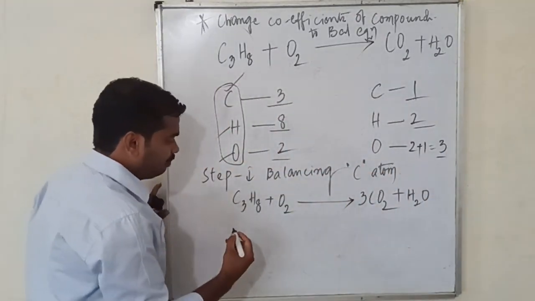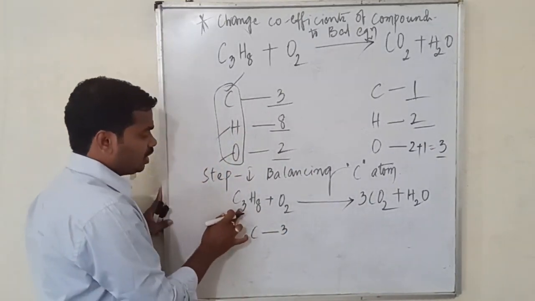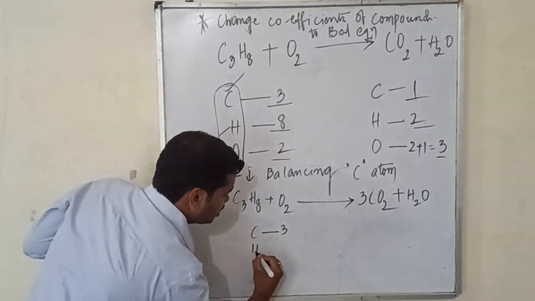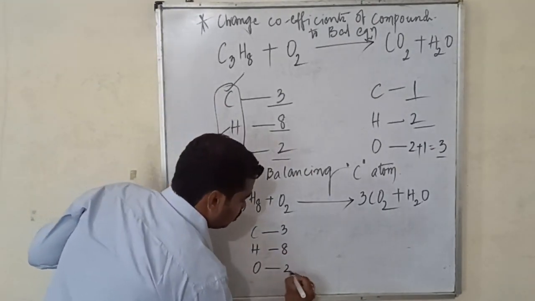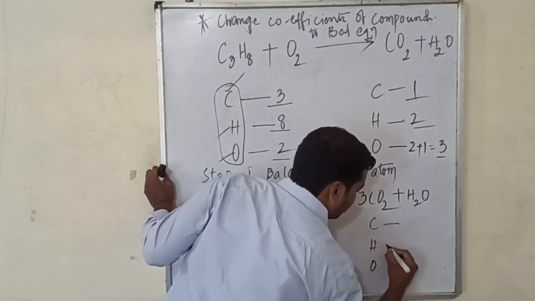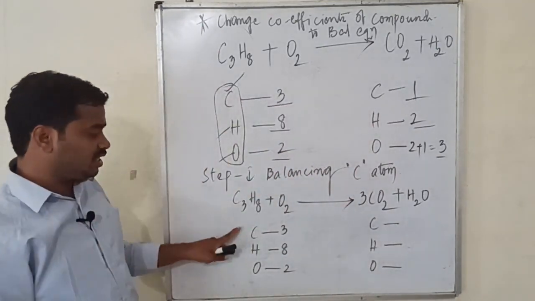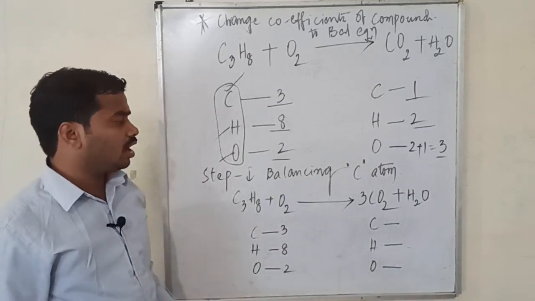Try to follow here. So how many carbons are present? 3 carbons are present. 3 ones are 3. Hydrogens, 8 ones are 8. Oxygens, 2. Same order, I told you, always try to write the same order on the right hand side. As I have written CHO on the left hand side, try to write the same on the right hand side.